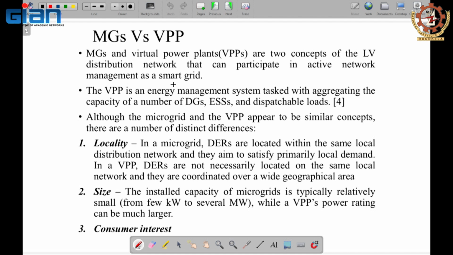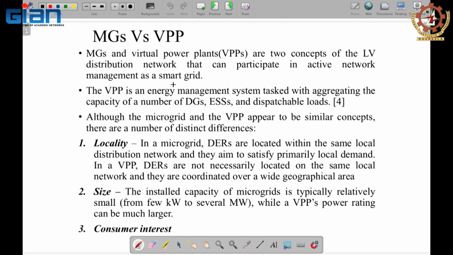Then of course, when we talk about the size of the microgrid, you will not find a very strict or hard definition of up to what size of grid you can classify as a microgrid, or what size of power system you can call a small power system.